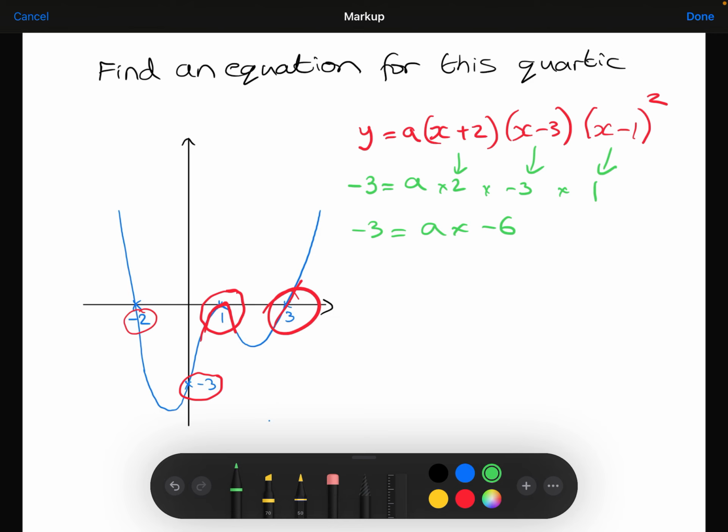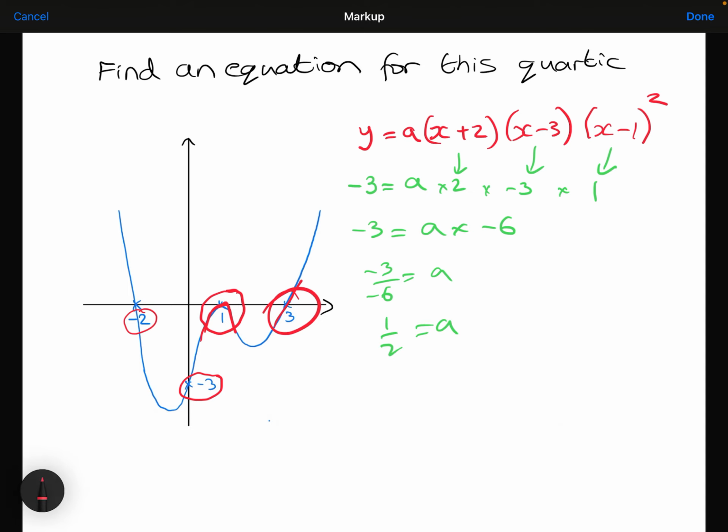So what that's telling me is a must be minus 3 divided by minus 6, which is 1/2. Therefore, the equation of this quartic would be y equals 1/2 times x plus 2 times x minus 3 times x minus 1 squared. And if you wanted to, you could expand those brackets, but I'm not going to do that here.